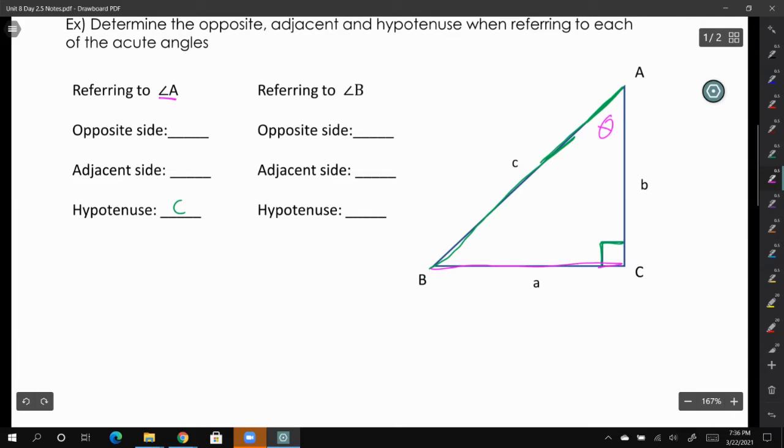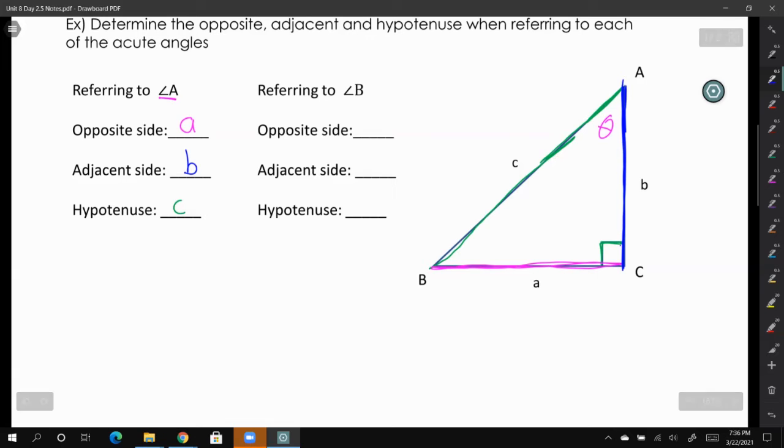So this side A doesn't touch angle A. And the adjacent side is the one that is left over, or you can refer to it as a side that touches the angle we're talking about, which is angle A in this case, and our right angle.